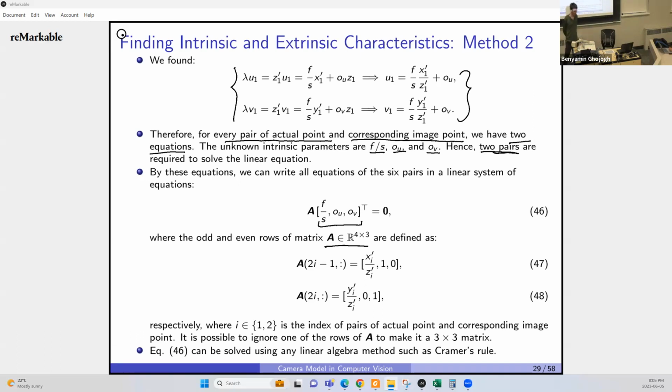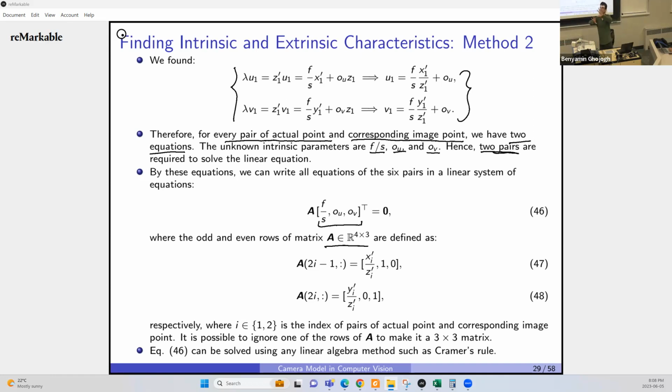You can either consider 2 points and one of the equations of 1 point, or you separate this 4 by 3 matrix into two 3 by 3s where they have some shared rows. So for example, consider equations 1, 2, and 3. Then also one time consider equations 2, 3, and 4.